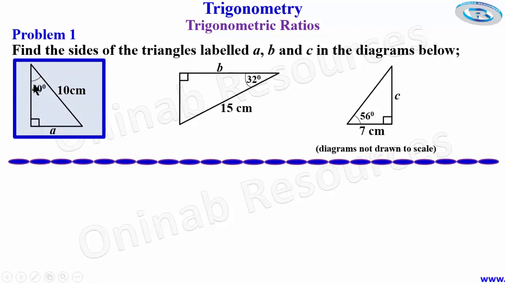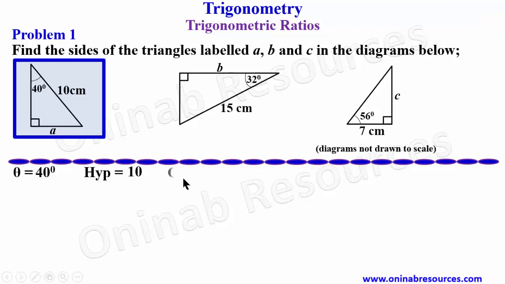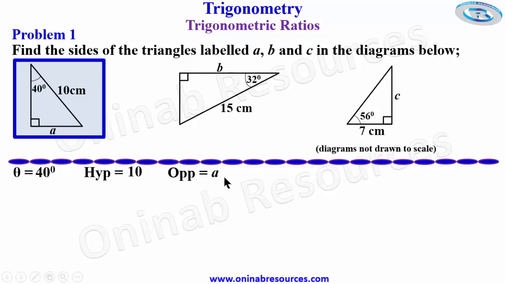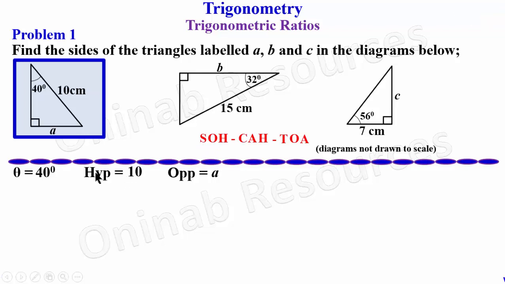First, let us identify the given angle, which is theta, and that gives 40 degrees. Then the next thing is the hypotenuse, given to be equal to 10 centimeters. Since this side is opposite the given angle, we have opposite equal to A. So these are the ingredients we need to solve for A. We look at which of the trigonometric ratios combines hypotenuse and opposite.